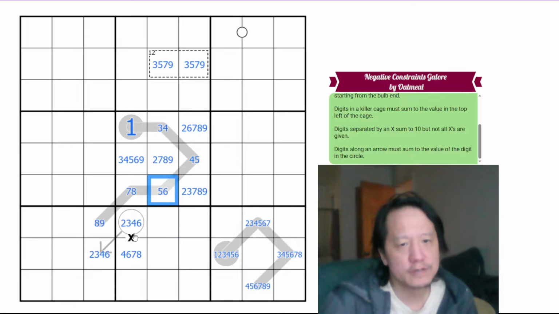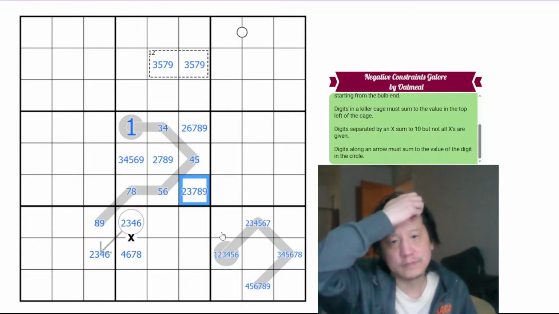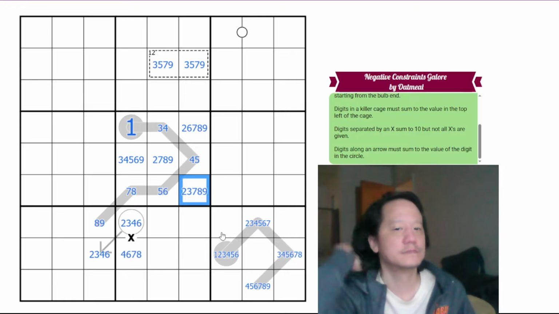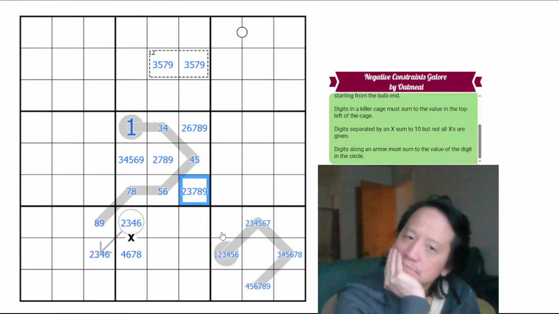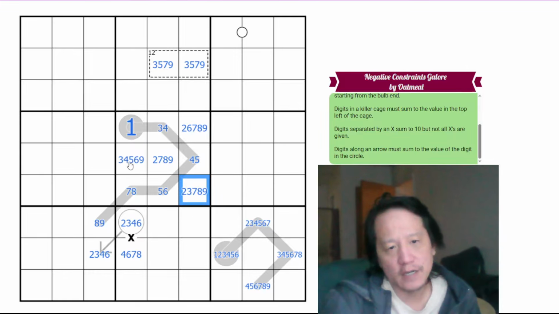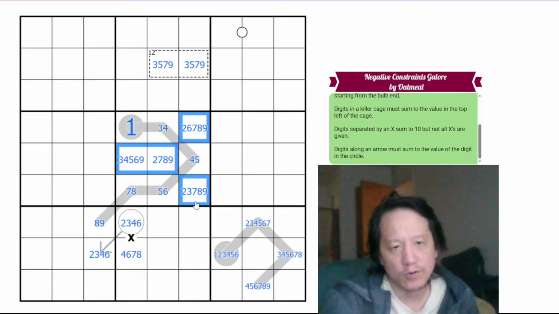That's interesting. 2 is one of these digits. 9 has to be one of these 4, but that doesn't really tell us much.